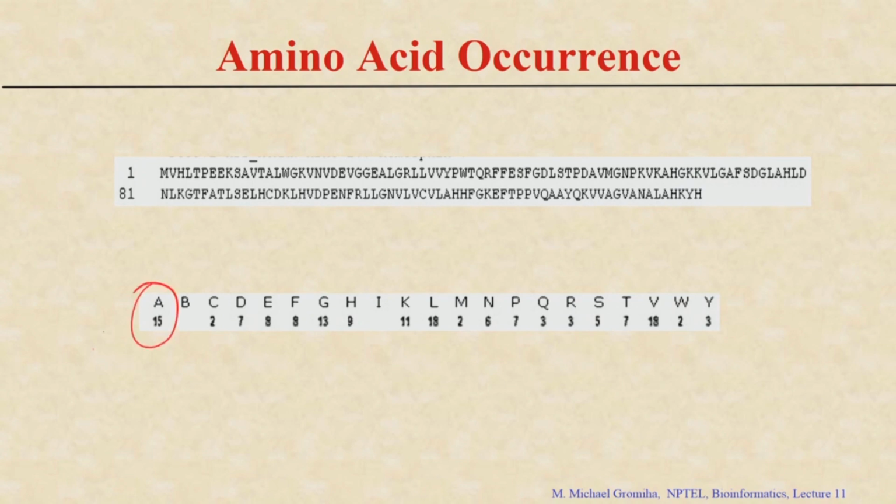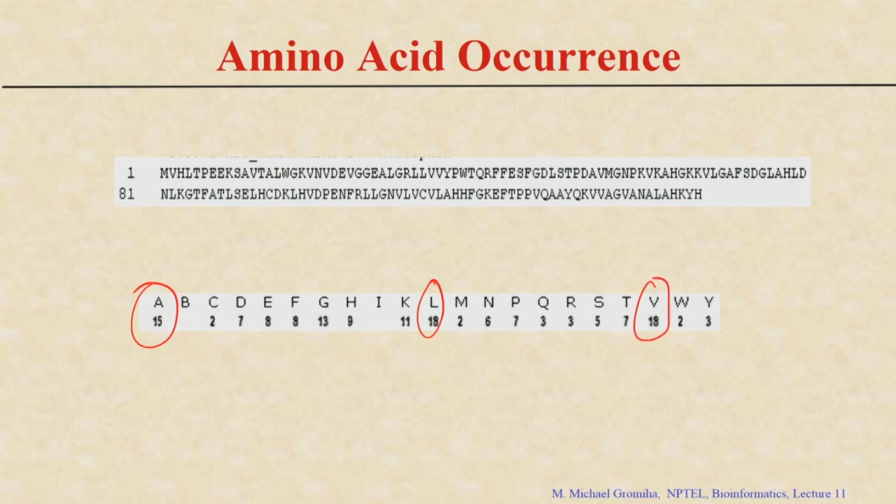15 times A occurs, right. If you look at the occurrence of different amino acid residues, some amino acids occur very frequently. What are other amino acids which have high occurrence? Leucine 18 times, valine 18 times.